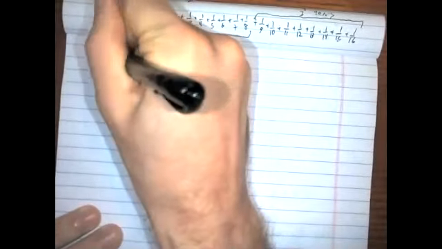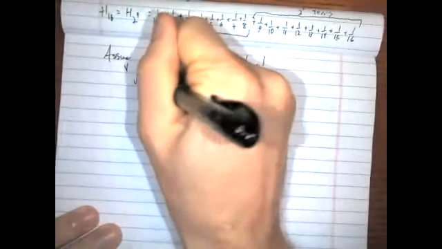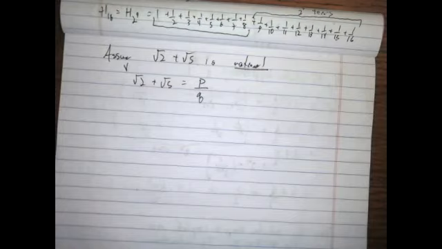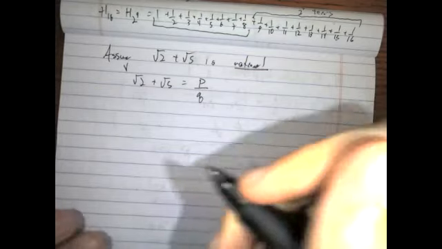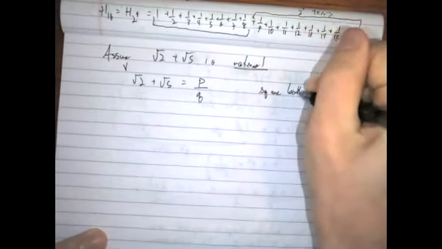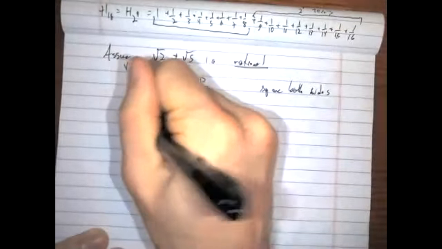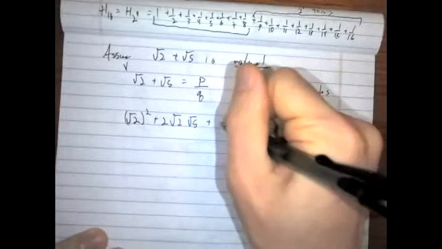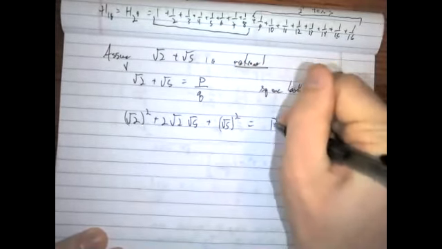The correct way to go about this problem, I'll just sketch it right now. I'm happy to go into much more detail in office hours. You assume square root of 2 plus square root of 5 is rational. Then square root of 2 plus square root of 5 is equal to p over q, just as when we were proving square root of 2 is irrational. Then you square both sides to get square root of 2 squared plus 2 square root of 2 square root of 5 plus square root of 5 squared is equal to p squared over q squared.